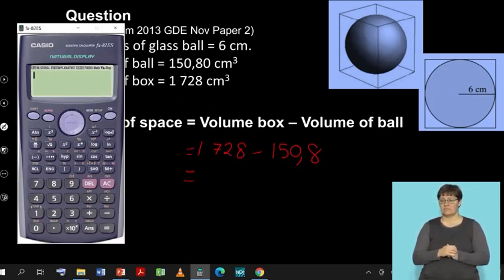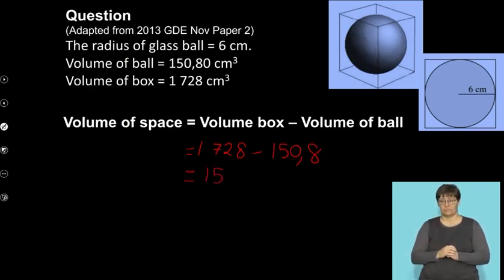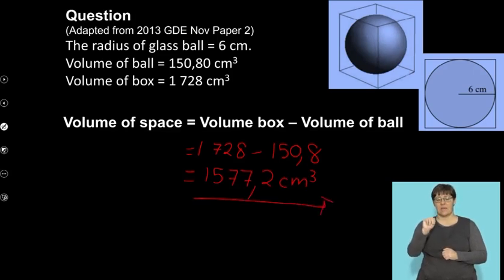So 1,728 minus 150,8 is going to give me 1,577,2. And we know it's going to be centimeters cubed because it is a volume calculation.